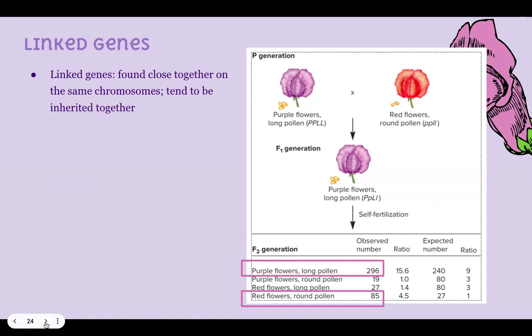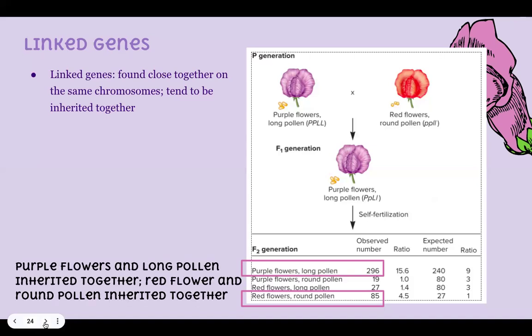Linked genes are found close together on the same chromosome, and they tend to be inherited together. They tend to be linked. This is because when crossing over happens, they probably won't be separated because they are so close together. So that arm of the chromosome that sticks out and swaps will swap these two genes together because they're just so close together. So that's what a linked gene is.